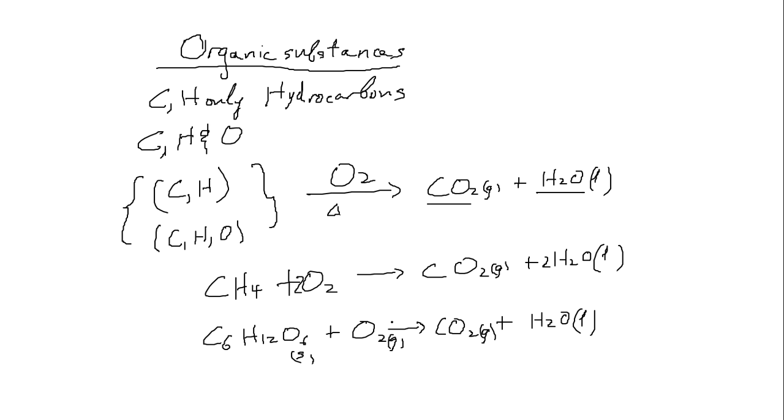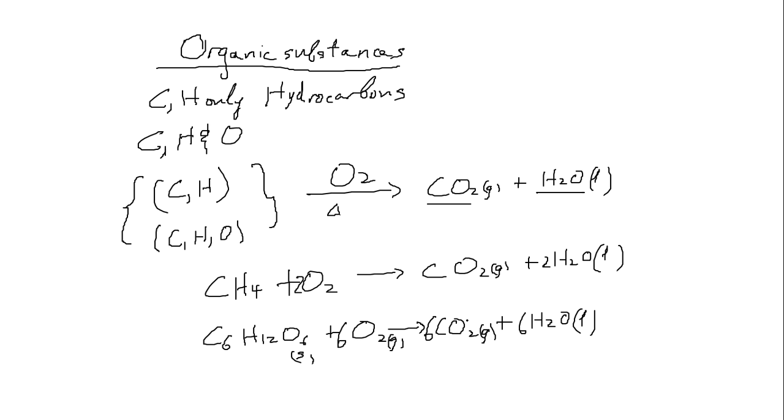So to balance this, we need a 6 here to balance with the 6 carbons here. We're going to need a 6 here as well to balance with the 12 hydrogens here. And to balance oxygens, you have a total of 12 plus 6, that's 18. You have 6 here already, so therefore you're going to need 6 here to give a grand total of 18 on the reactant side.